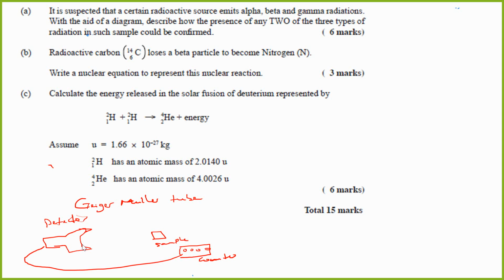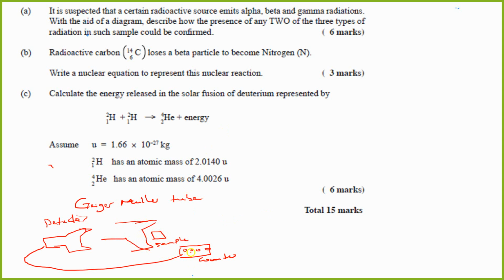So depending on where you put the Geiger counter, if the Geiger counter was closer to the source, what if it was connected here, and you are now detecting a lot of count rates?